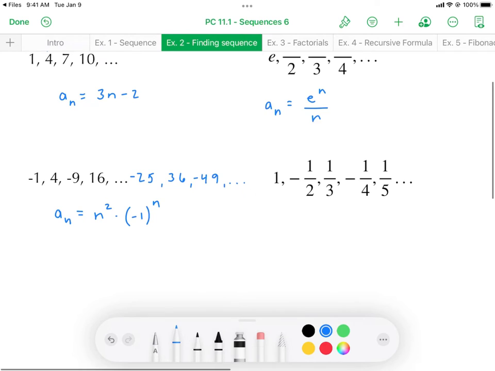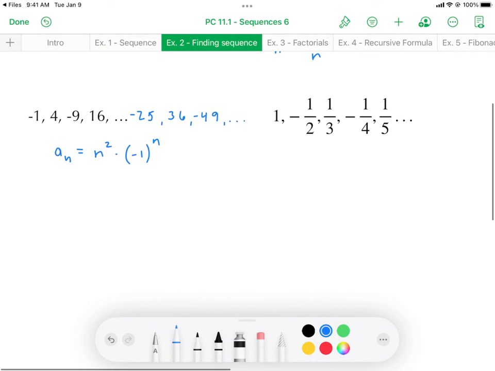Okay, let's test that out for the first couple values so you can see how it works. If I want the first term a sub 1, that means n is 1. 1 squared is, of course, 1, and then -1 to the first stays -1, so my result itself is -1, right?